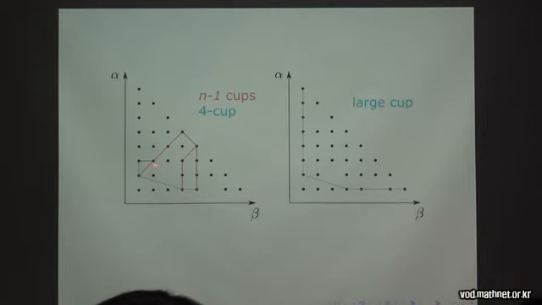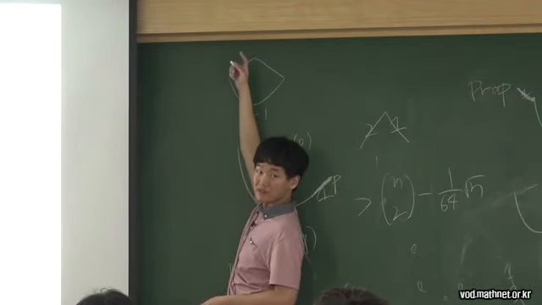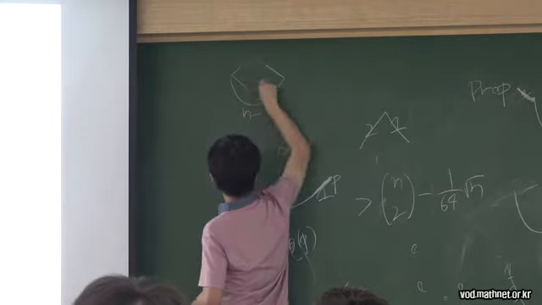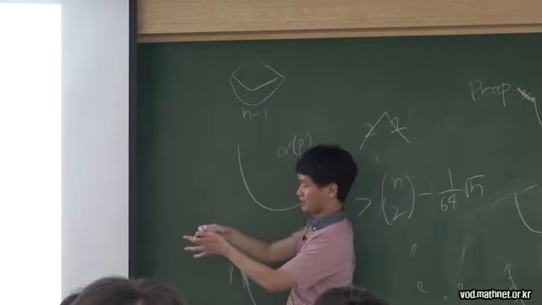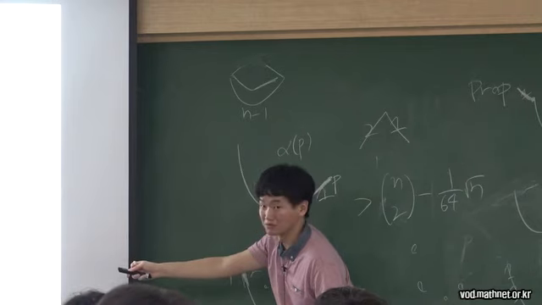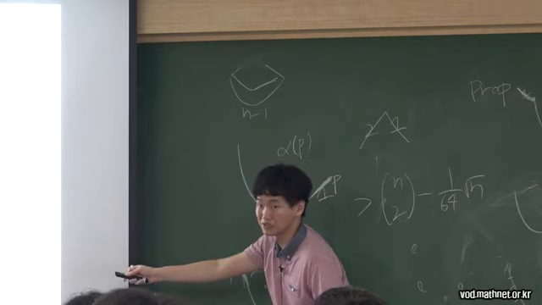Then with this n minus 1 cup, if we have any of the cap over there, we get a contradiction, right? So this should be a cup 2.